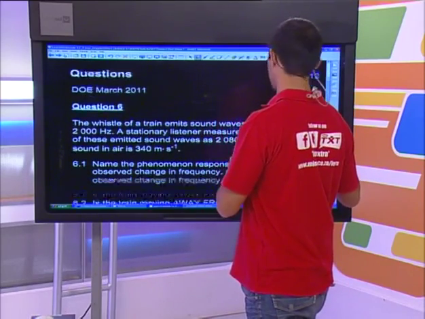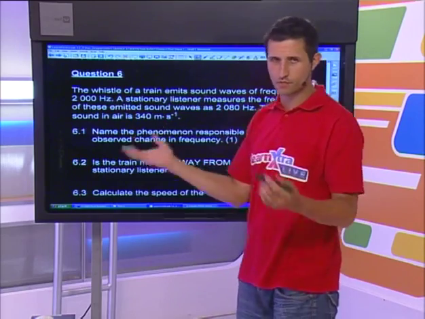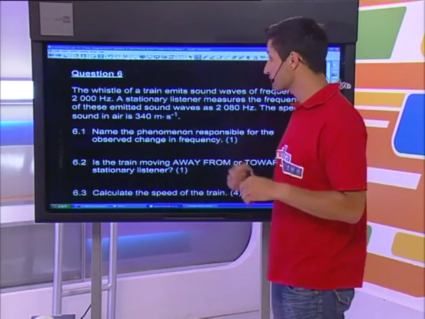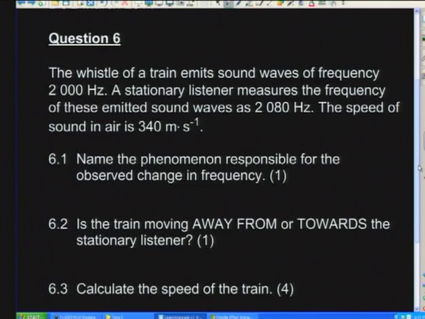So now our question, and it always seems to be question 6 in some of these exams. I'm not sure if they're going to keep on this trend, but question 6 says I've got a whistle of a train. So what we've got here is a source, my whistle of my train. It emits sound waves, and it's quite important that we know they are sound waves because we know how fast sound waves go.